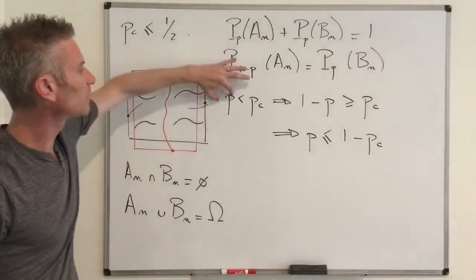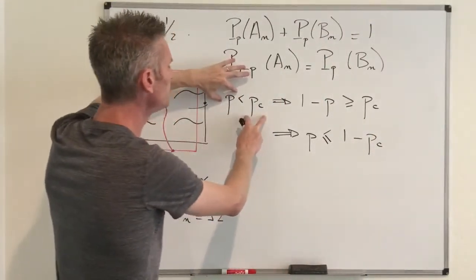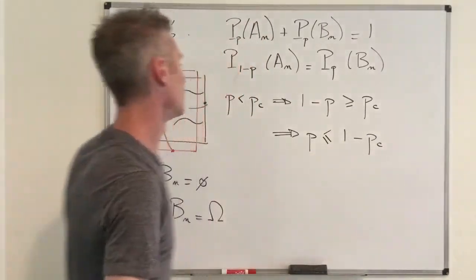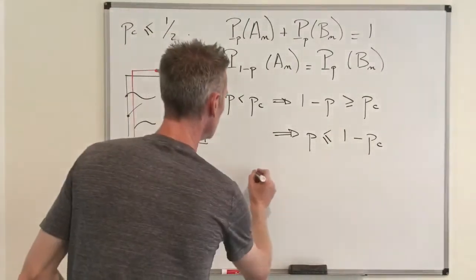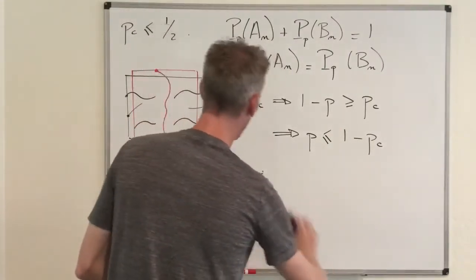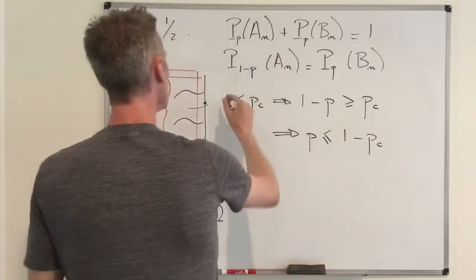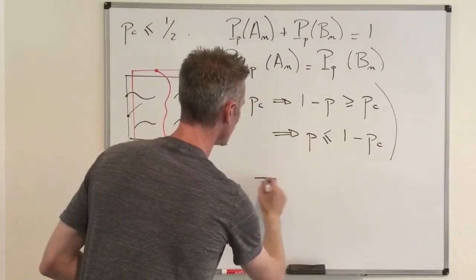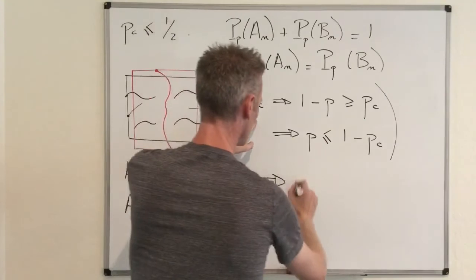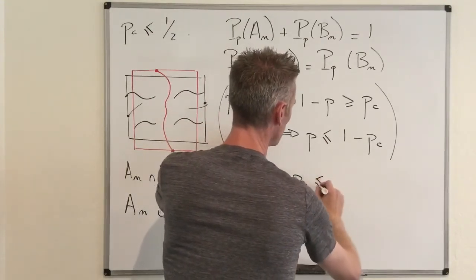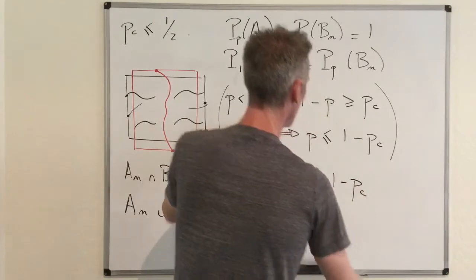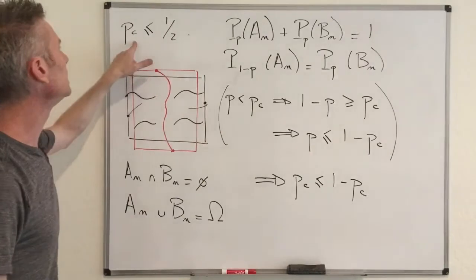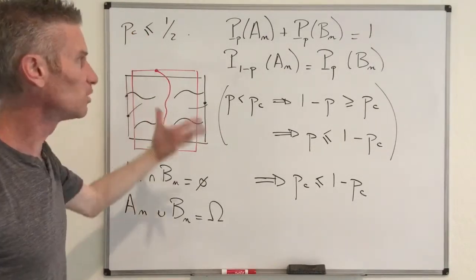Okay? And so from that you deduce that if p is less than pc, then it should also be less than 1 minus pc, and so this implication implies that pc should be less or equal to 1 minus pc, and so you get 2pc less than or equal to 1, which indeed implies that pc is less or equal to 1/2.